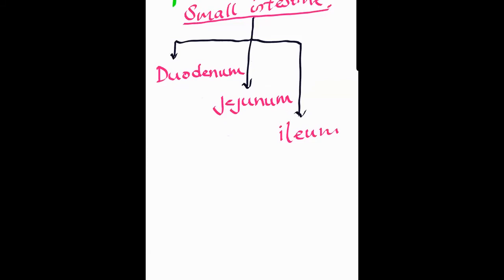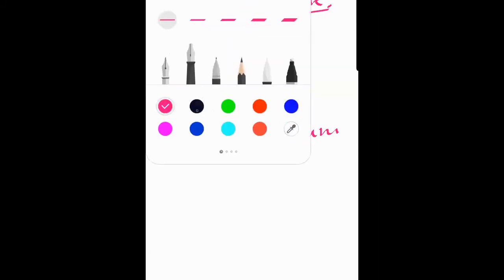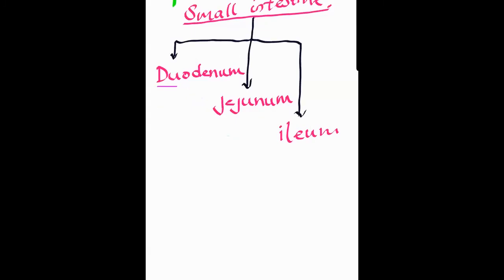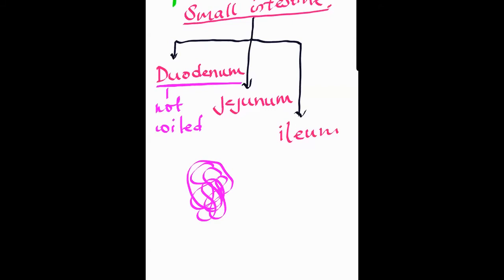Now, in this, the duodenum is not coiled. Coiled means like this. So the jejunum and ileum are completely coiled, but the duodenum is not coiled.